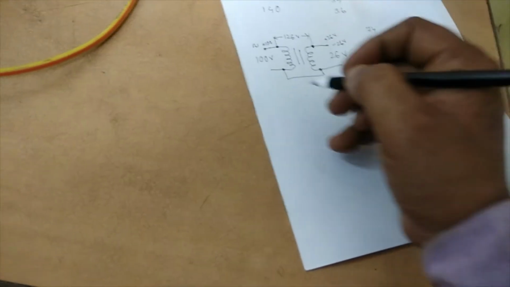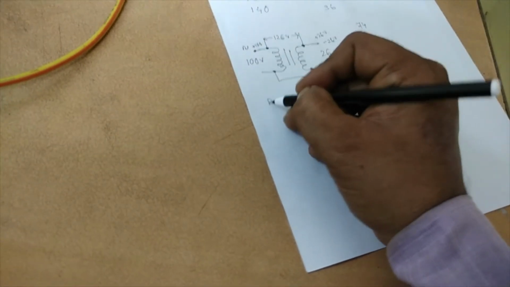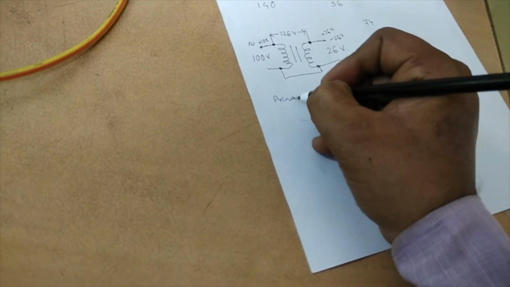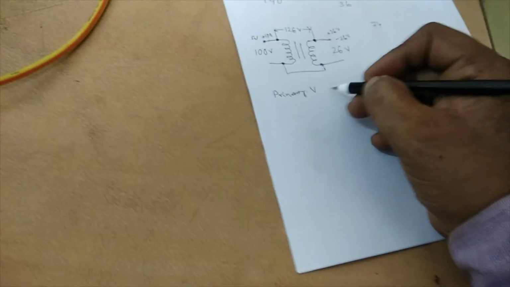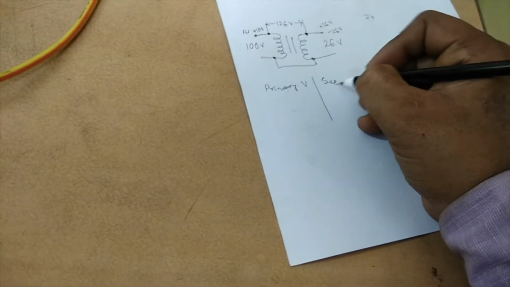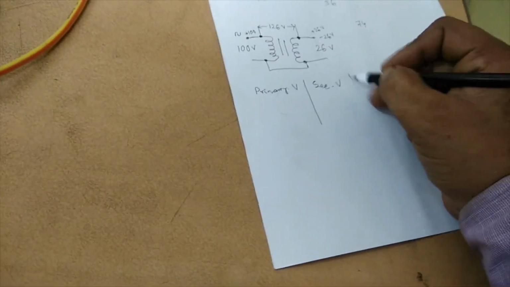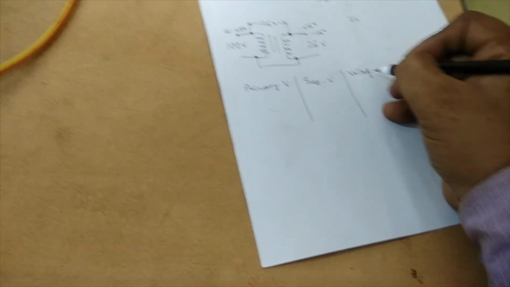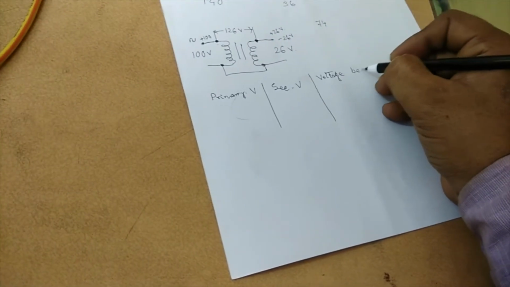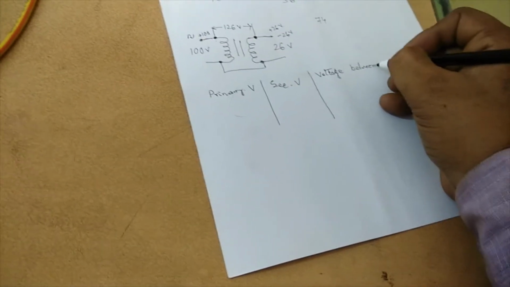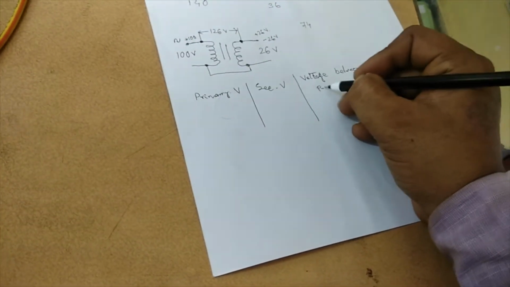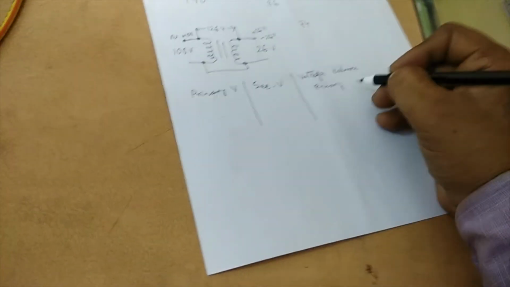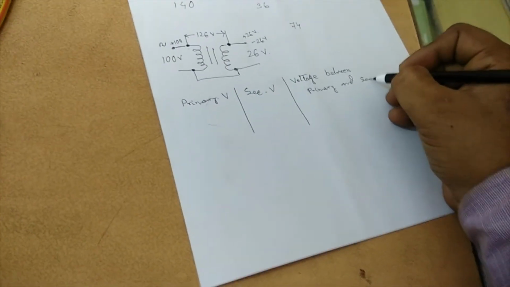So in the PT section, the polarity test for PT, it will be primary voltage, secondary voltage, and the voltage between primary and secondary.